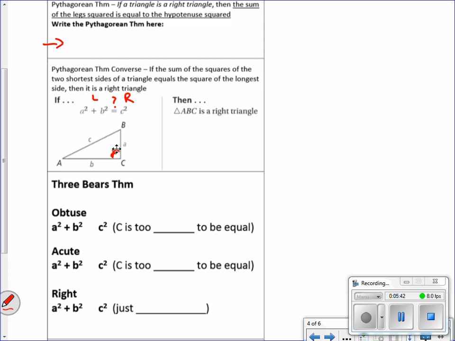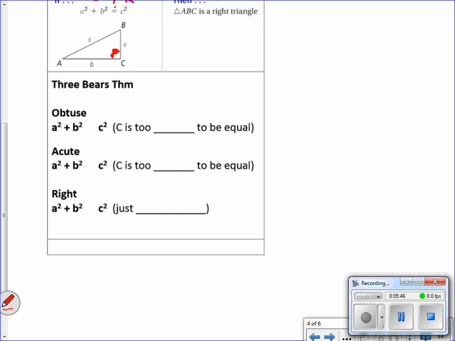Let's explore this down below. I call this the three bears theorem, and you'll see why in just a moment. Basically, if I take the two shorter sides that are given to me in some problem, here are three sides of a triangle, tell me what kind of triangle it is.